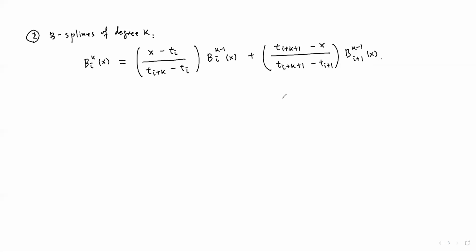This is the definition of higher degree B-splines, where k is 1, 2, 3, and so on.